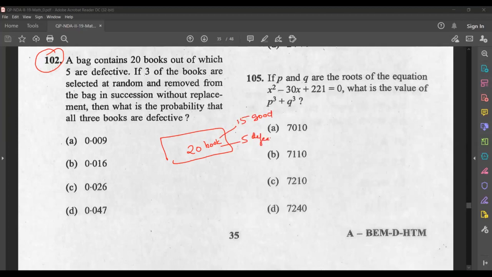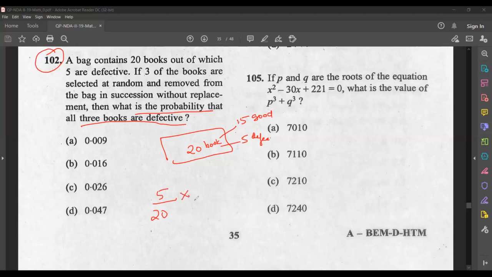So for the first book, you have to check the probability that all 3 books are defective. That is what you have to get. So what is the probability of getting the first book as defective? Totally 5 defective, so 5 by totally 20. So the probability of getting the first book as defective is 5 by 20.